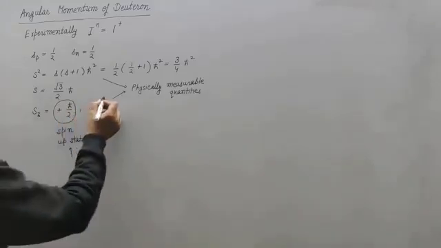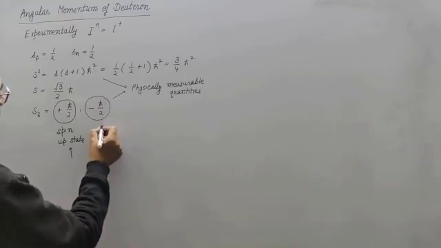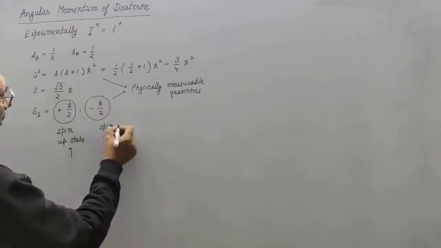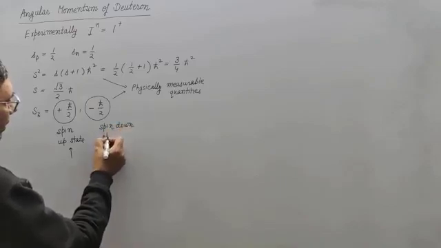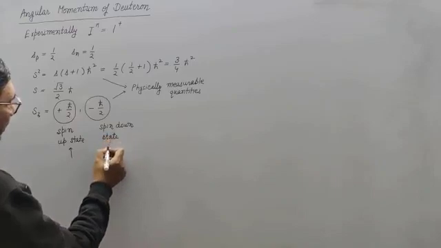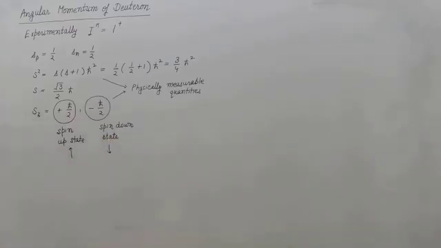And this state, minus h cross by 2, is known as spin down state, and this is represented by this vector in the downward direction.